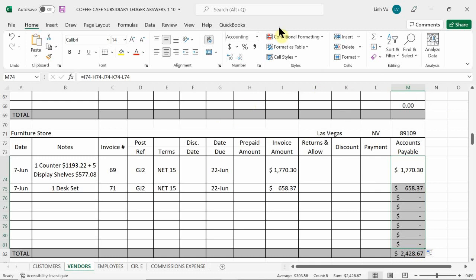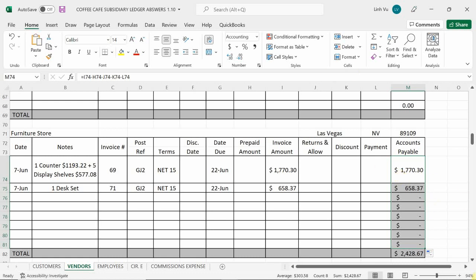Again, this row only tells me the amount of which bill that we received. So in this case, for the invoice number 69, it was going to be the 1770. For the separate bill of 71, the invoice gave us a grand total of $560.37.